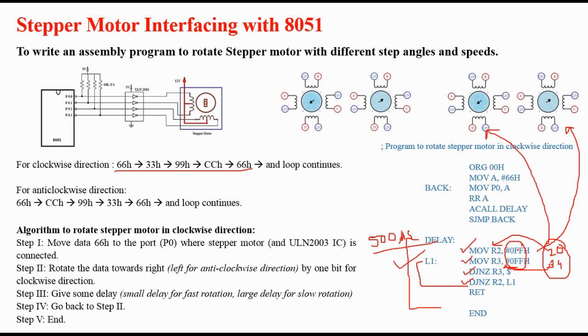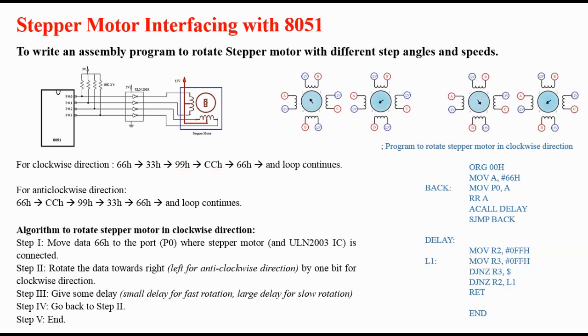If you modify the value in the register, less than 500 microseconds of delay will get generated. In this way, this program will rotate the shaft of the motor through a total of 360 degrees. And as we are saying, this is an infinite loop. The motor will keep on rotating again and again for an infinite amount of time.